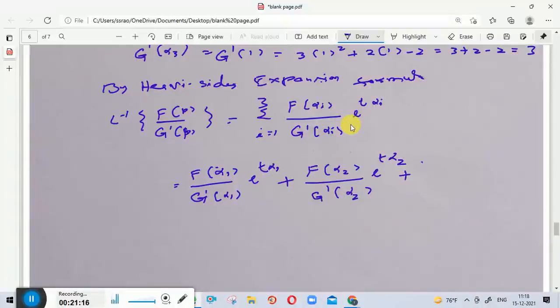Next, writing i is equal to 3, f of alpha 3 divided by g dash of alpha 3 into e power t alpha 3.